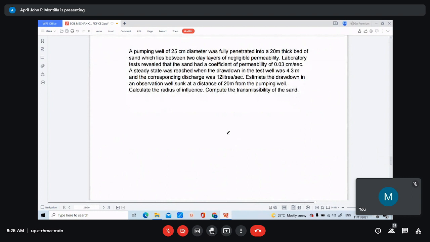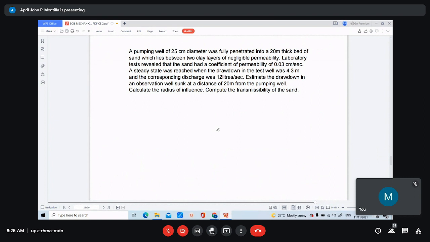We have here a pumping well of 25 centimeter diameter fully penetrated into a 20-meter thick bed of sand, which lies between two clay layers of negligible permeability. Laboratory tests revealed that the sand had a coefficient of permeability of 0.03 centimeter per second.